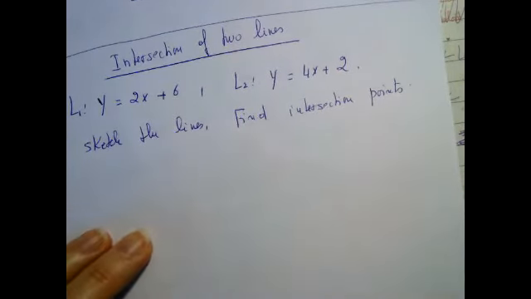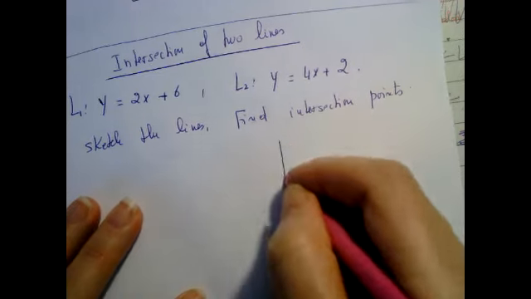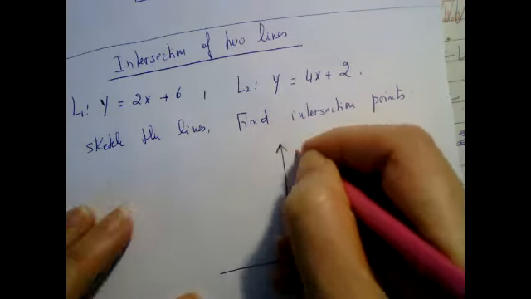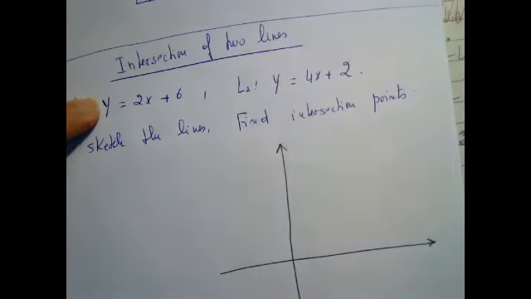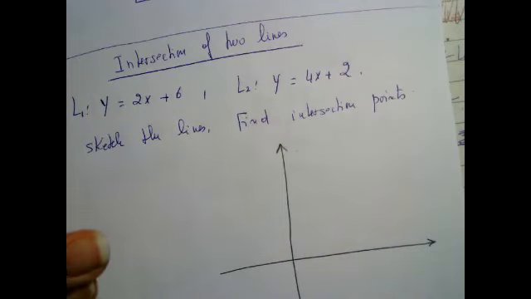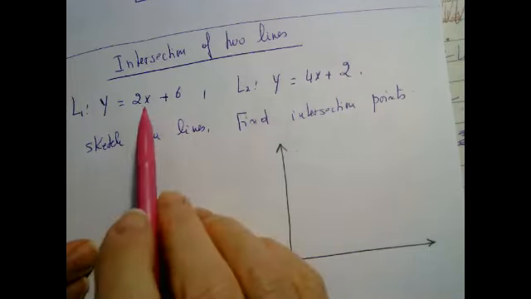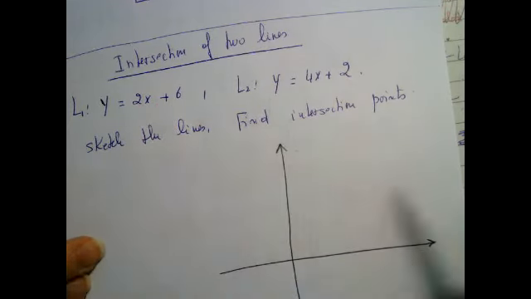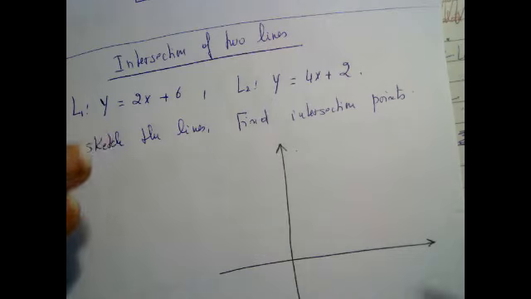All right, so sketching. This is my x and y. I want to sketch the first one, y equal to 2x plus 6. Now, how to sketch the line? Two ways. Either you think about a point and a slope, or you just pick 2 points and you connect them.